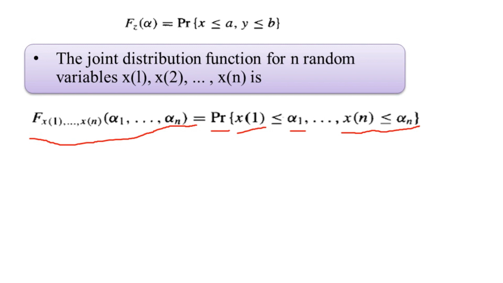So this was for the joint distribution function for the n random variables.